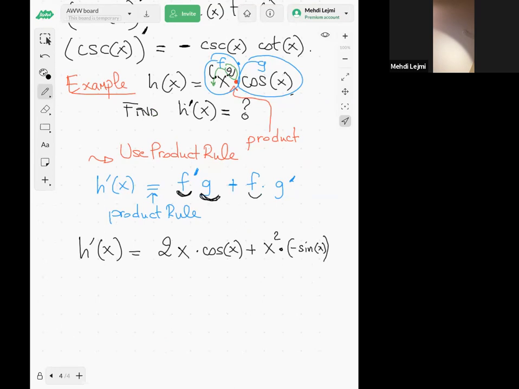So, the final answer: h prime of x is 2x cosine of x, and there's this minus here, minus x squared sine of x.